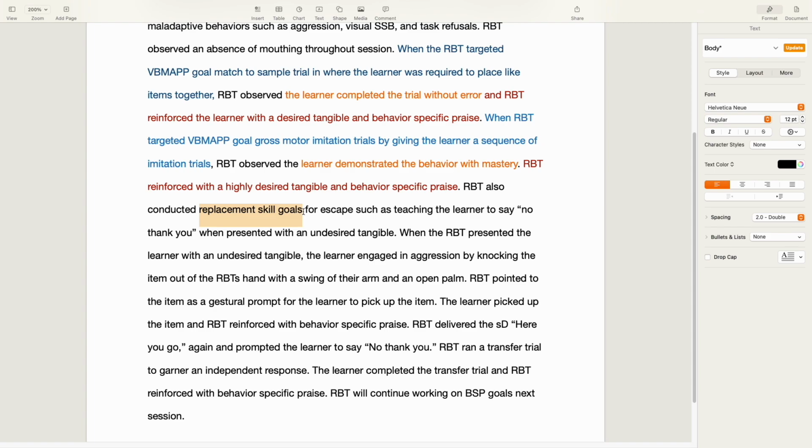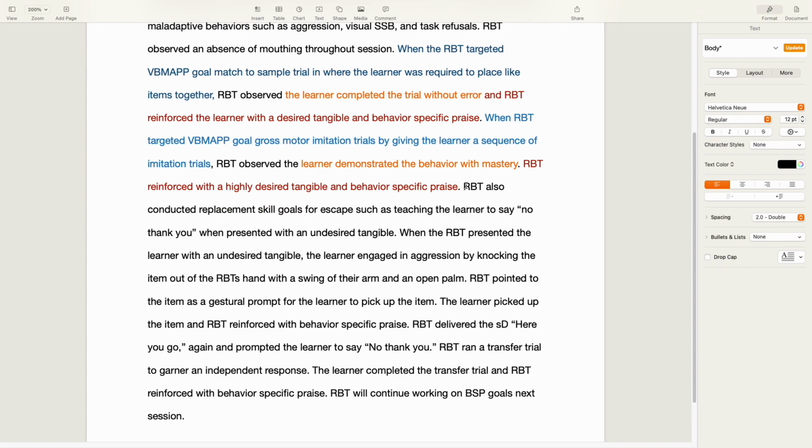They're more about teaching behaviors, and skill acquisition is more like how I wrote there: motor imitation, matching to sample, teaching them tacts, things like that. It's kind of like school, right? You're teaching them letters, numbers, shapes, how to differentiate between different things. Those would be skill acquisition. Replacement skill goals would be like what I wrote here.